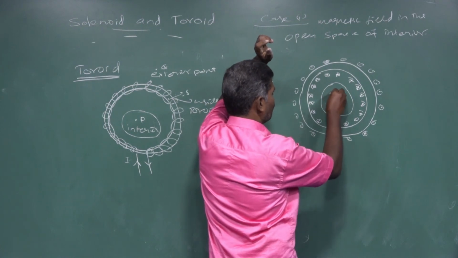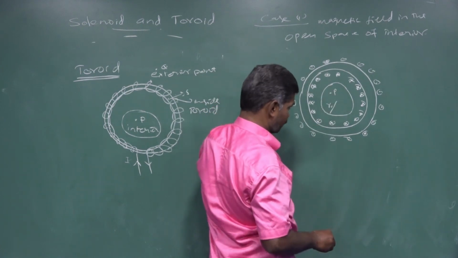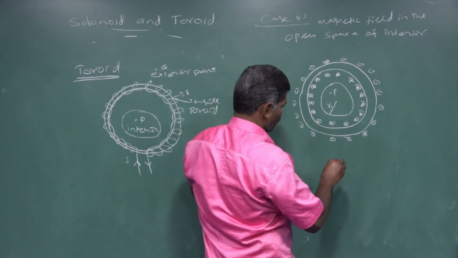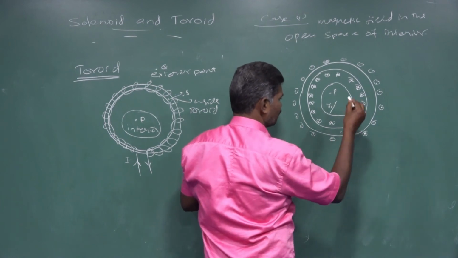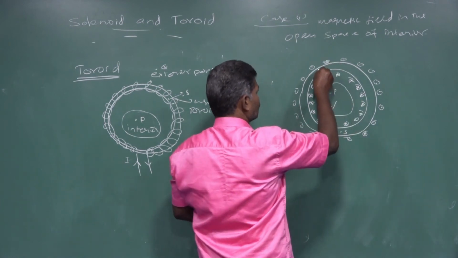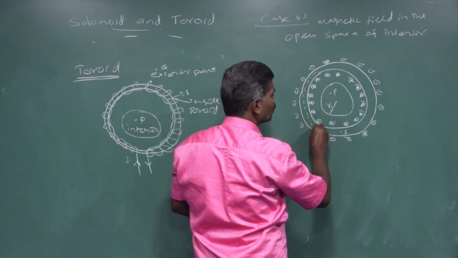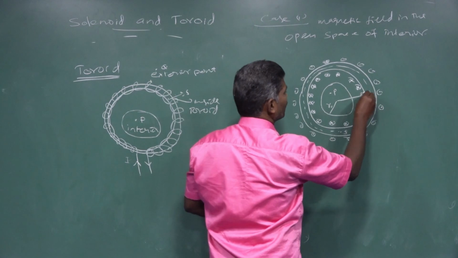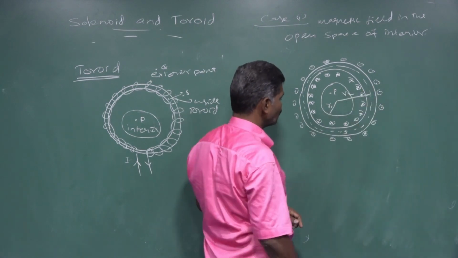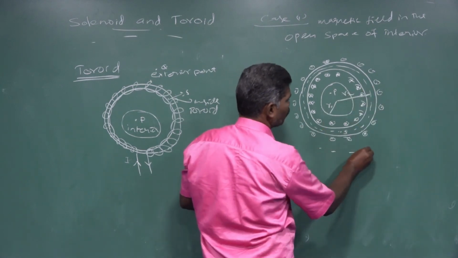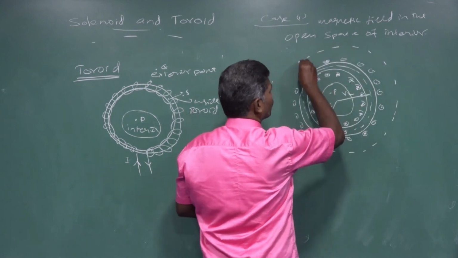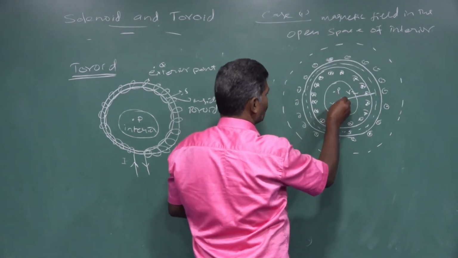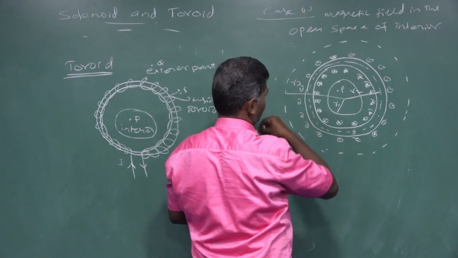This point is already marked in our diagram as P. Another one here is S, which is Amperian loop 2, and its radius can be taken as R2. Another outer loop is taken, and its radius can be taken as R3.